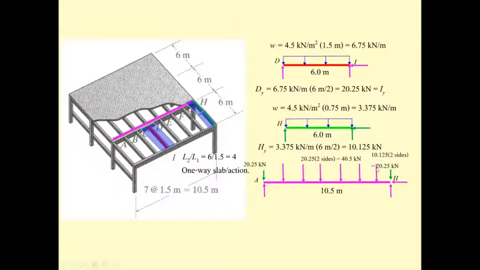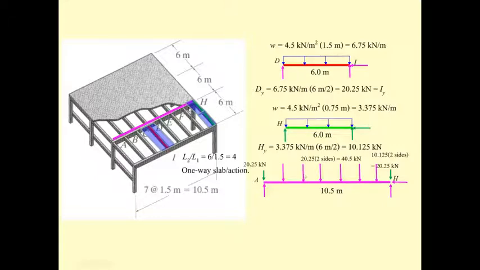And again, since the beam is symmetric, the summation of forces in x is equal to 0. So H sub x is 0. And then A sub y and H sub y are going to take half of the total loading on the pink beam.